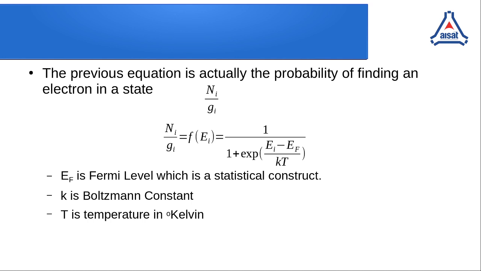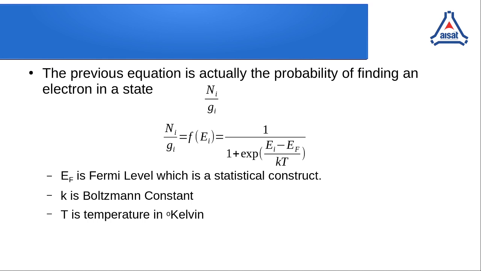Similarly, the probability of finding an electron in a state, if we are having Gi states and Ni electrons, always the number of electrons will be less than the number of states.